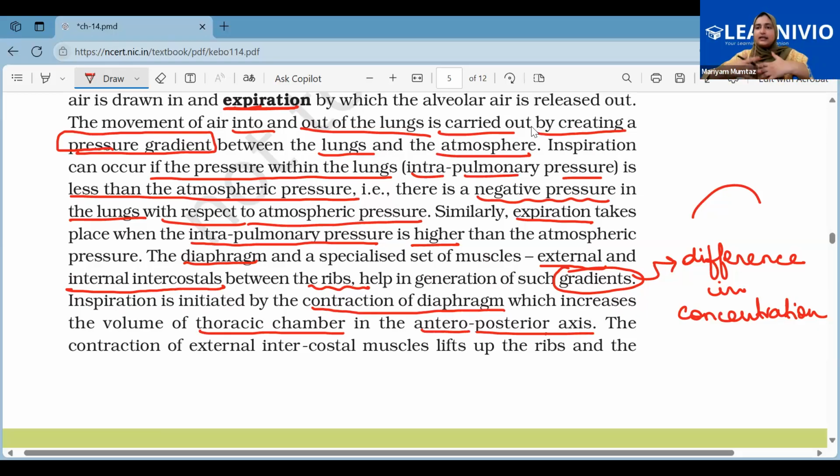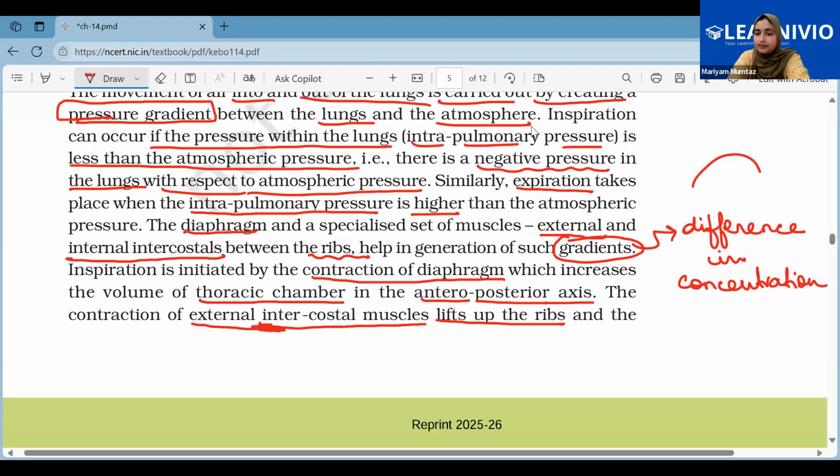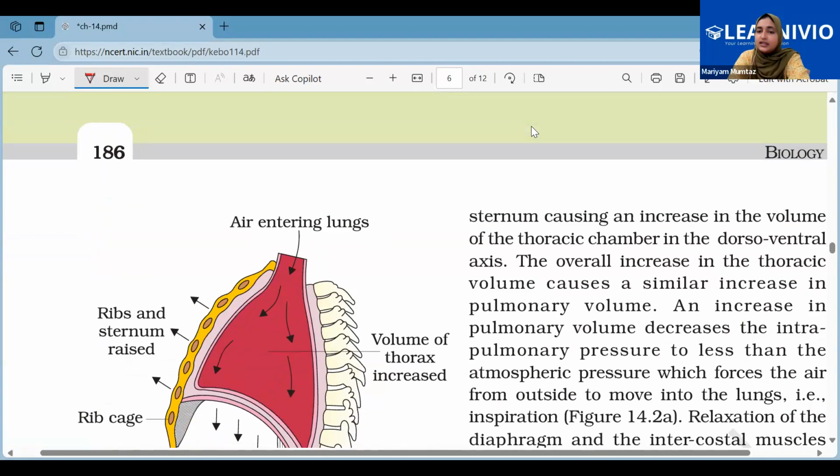Anteriorly, it increases in the front. The contraction of the external intercostal muscles lifts up the ribs. So our ribs are lifting up because the intercostal muscles, the muscles in between our ribs, are helping the ribs to get lifted up. And then what happens?